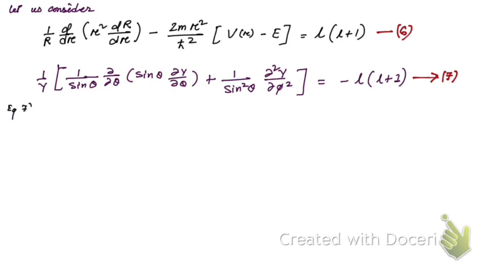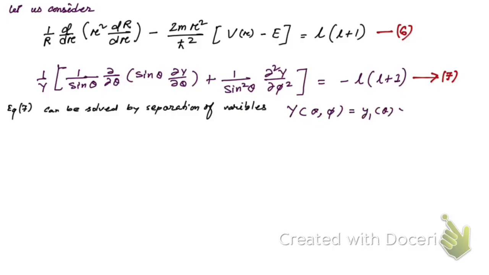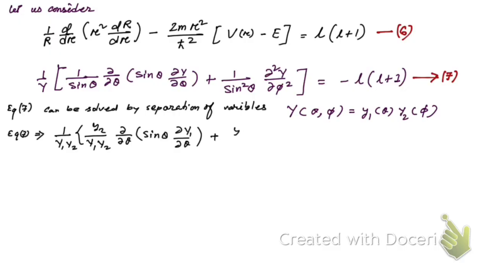Now you see, equation number 7 can be solved again by the variable separation method. If we consider this function of phi and theta as a product of two functions y1 and y2, which are functions of theta and phi, independent, then equation number 7 can be written this way. Let me write this.